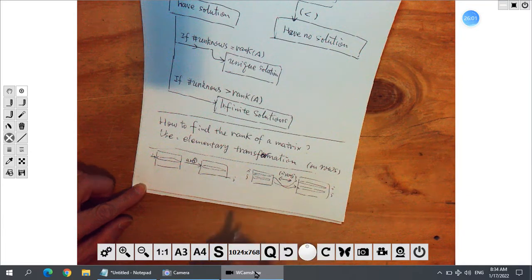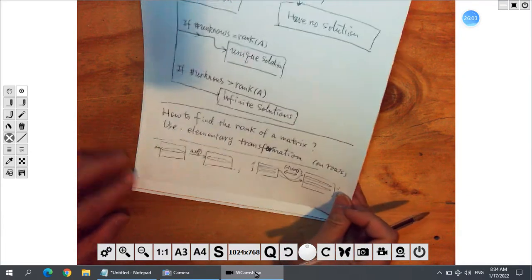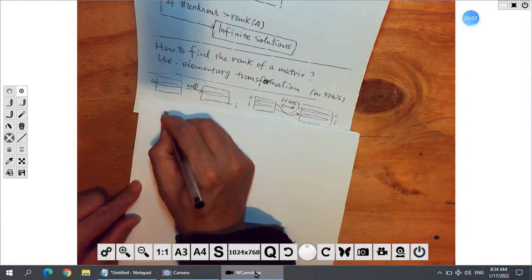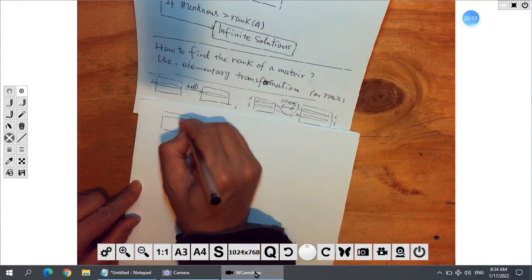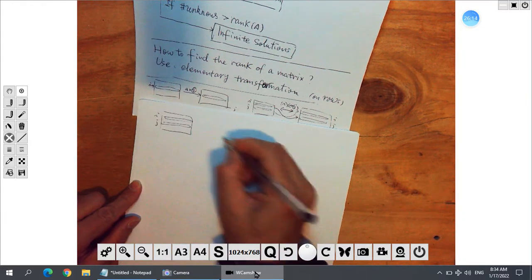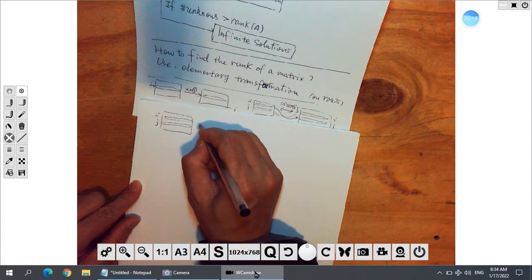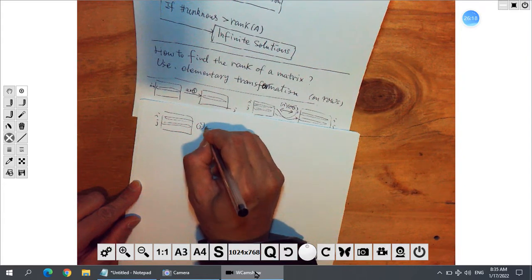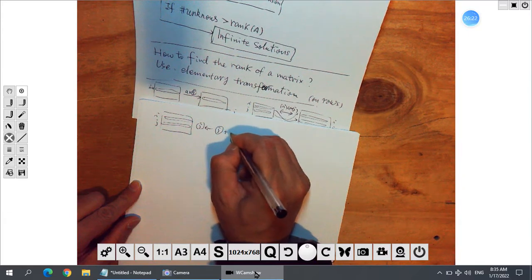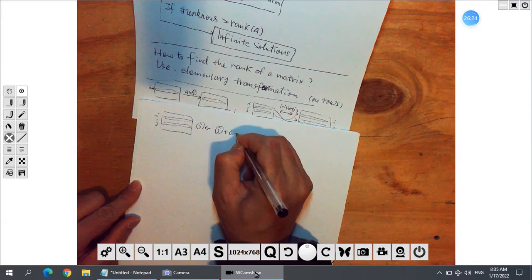And the third one: you consider two rows, i and j. You replace j by j plus some a times i.